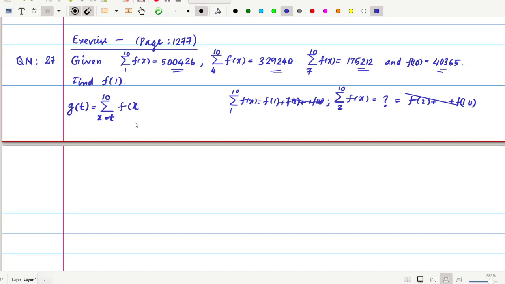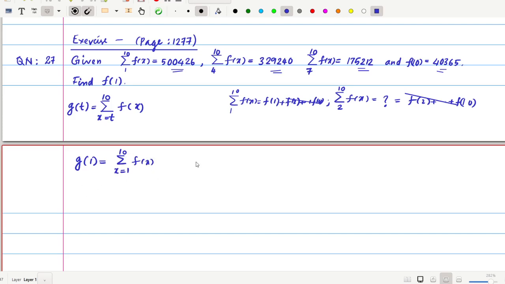So what is g of 1? g of 1 will be the summation x equal to 1 to 10 of f of x. So you are given this value.